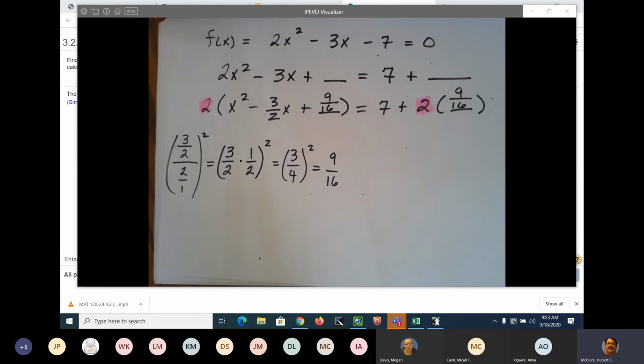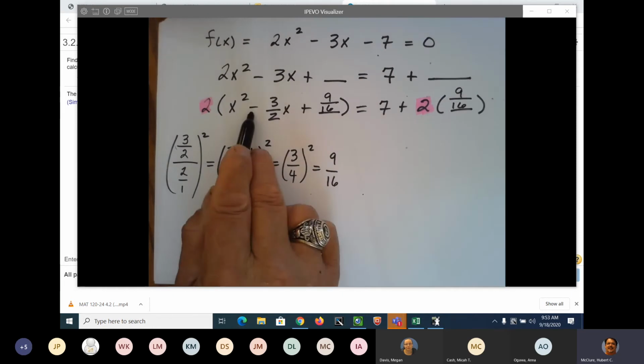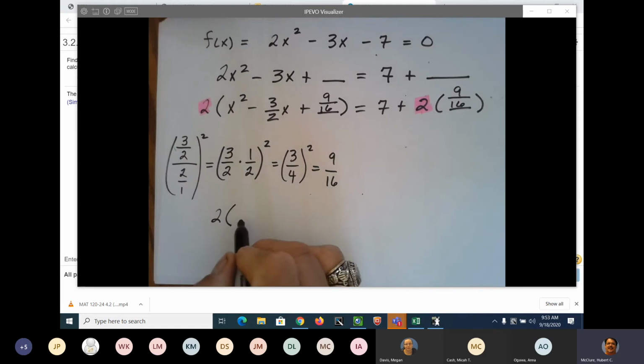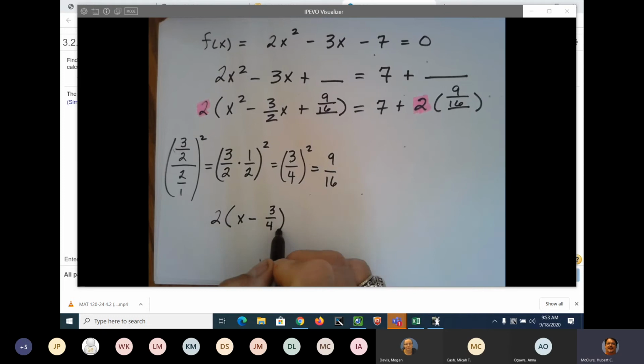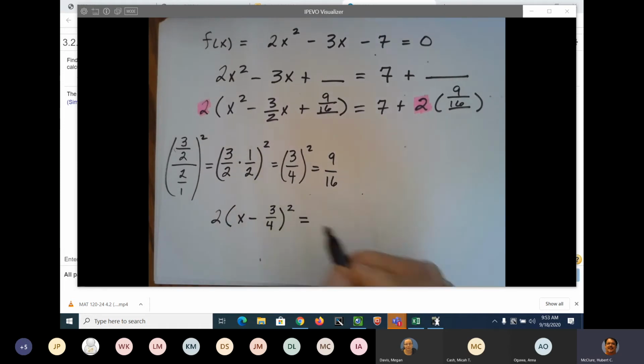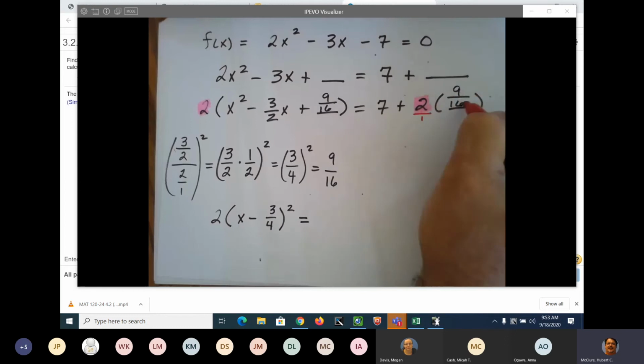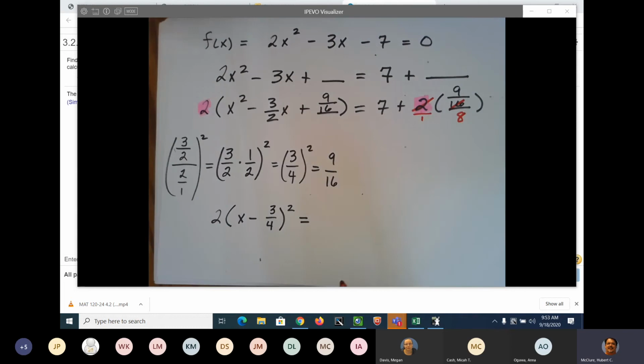Now that gives us shortcut number 2 here because of the negative. So that's going to be 2 times x minus 3/4 quantity squared is equal to, well, I got to do some condensing over here. I got to get that red pen out because I can cancel 2, that's 2 over 1. I can cancel that 2, and that 16 is 8. And 56/8 is 7.